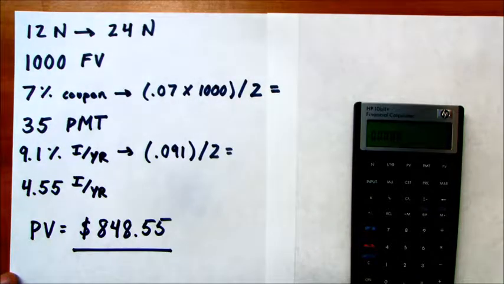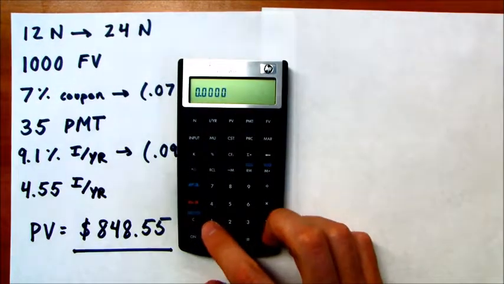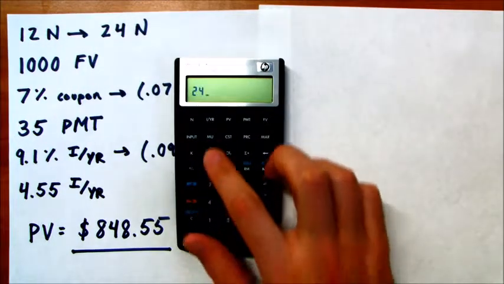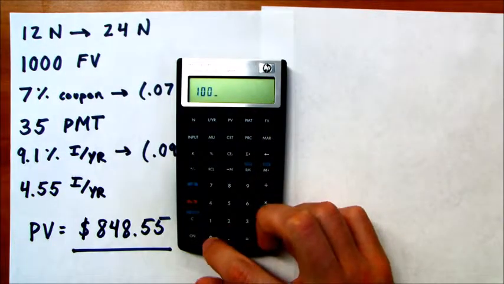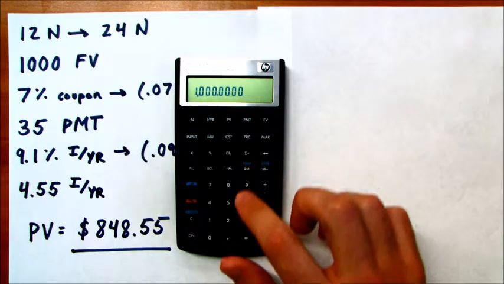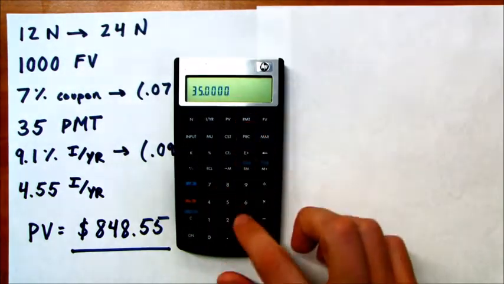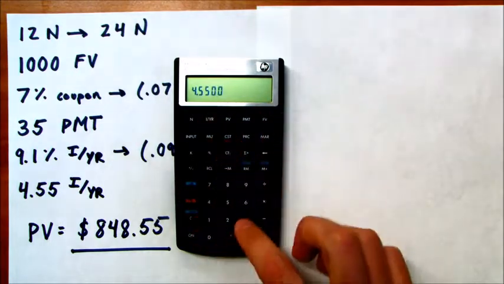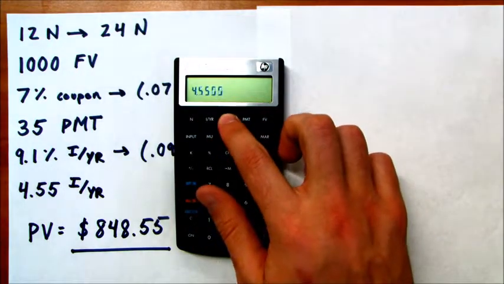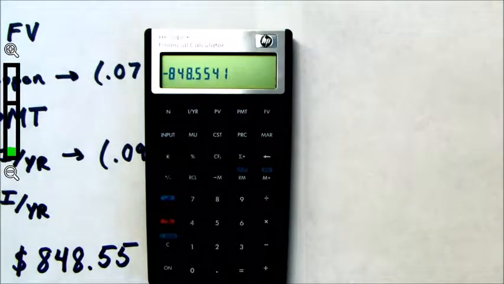Now time for the calculations of the problem. 24N, 1,000 future value, 35 payments per year, 4.55 interest per year, and now solve for the present value, and now it is $848.55.